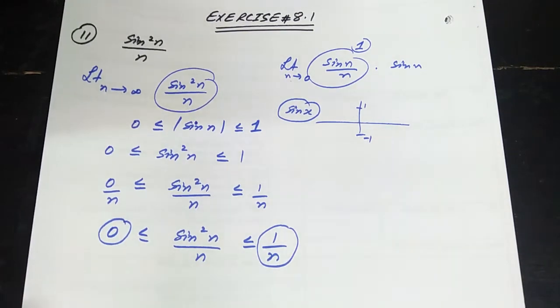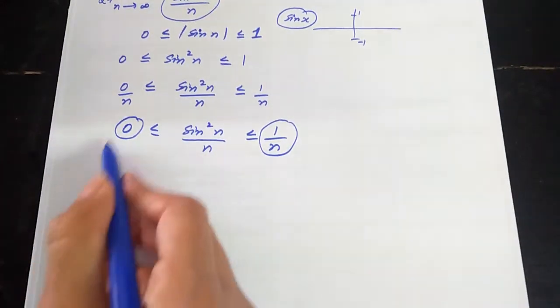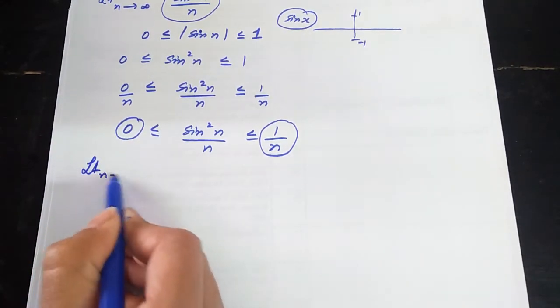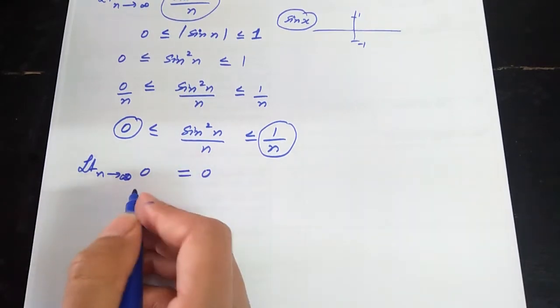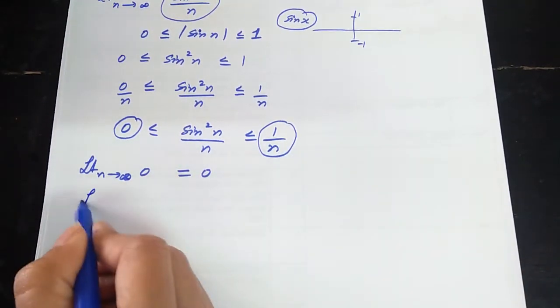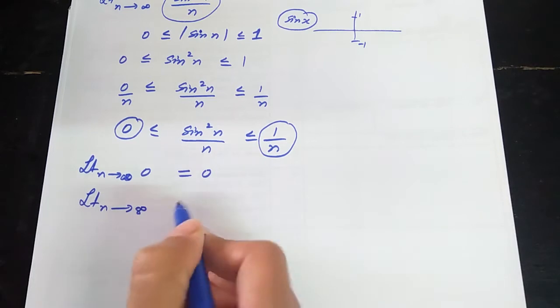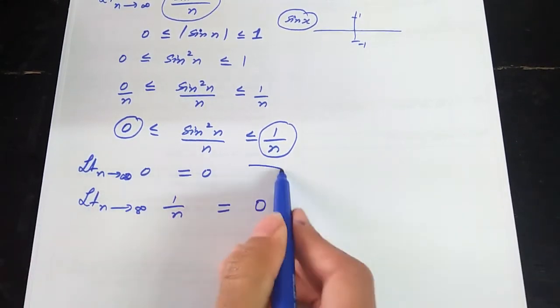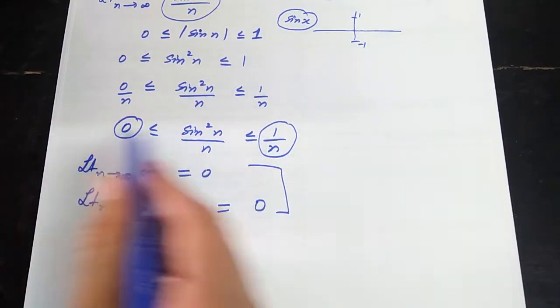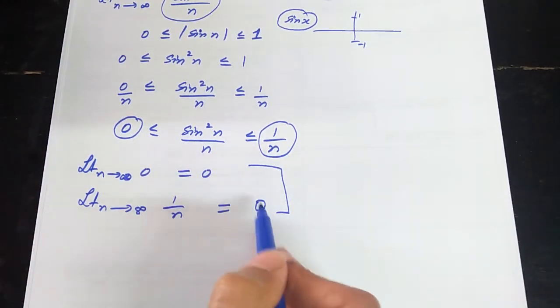So how will we do it? If we apply the limit n approaches infinity on the left hand side, 0 will give you 0. It is obvious. If you apply the limit n approaches infinity on 1 over n, this will give us 0. So you see, applying on both the left and right, the limit answer is the same.